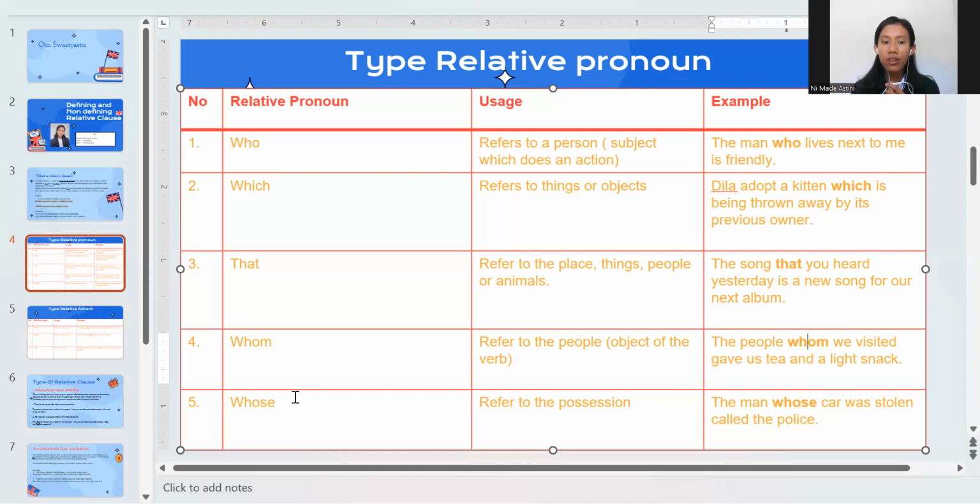Number five, it's whose. Whose is referred to possession. The man whose car was stolen called the police. So whose here is referred to the car of the man.